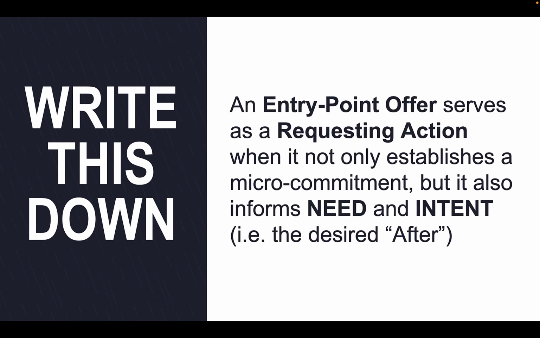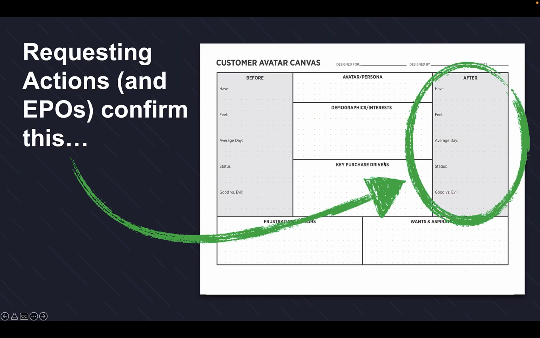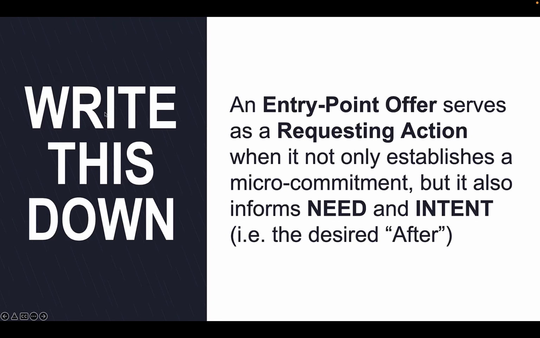An entry point offer, EPO, as you see over here, serves as a requesting action when it not only establishes a micro commitment, but it also informs need and intent, which is the desired after.